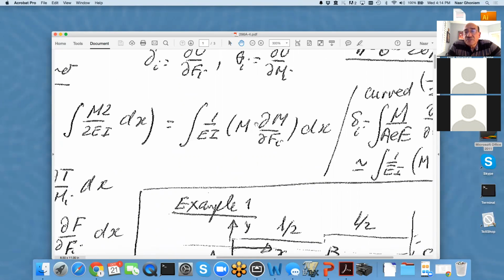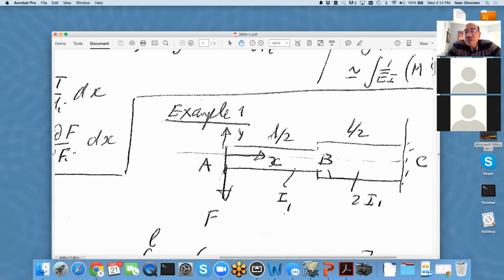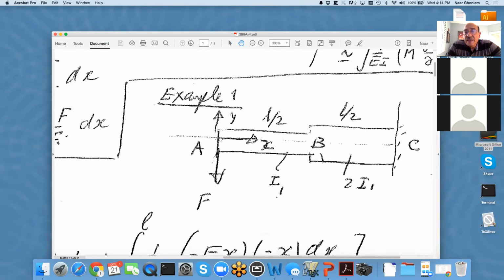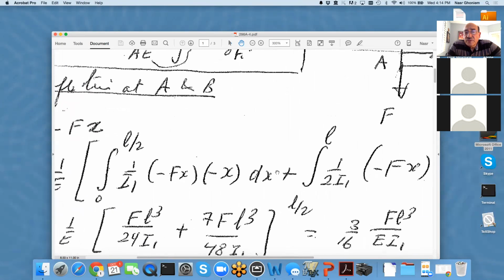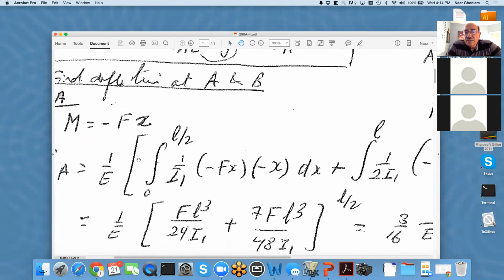So I need to have two terms, M and its derivative with respect to force. So if I take this, and I integrate it, I have one section, I do this integration of the two terms over AB, and integration of the two terms over BC. So over AB, it will be from 0 to L1.